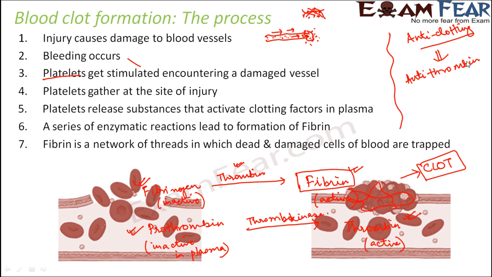So after some time, as the blood vessel starts to heal, these anti-clotting proteins will get activated and they will help the clot to get reabsorbed by the blood, and that is how the clot will disappear after some time. So it is to be taken care that the clot formation occurs only at the site of injury, and it should vanish as soon as the injury is healed.